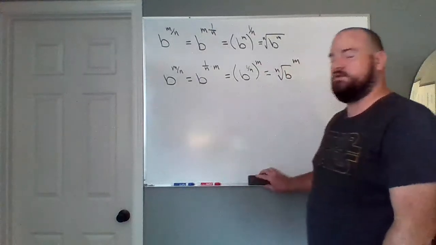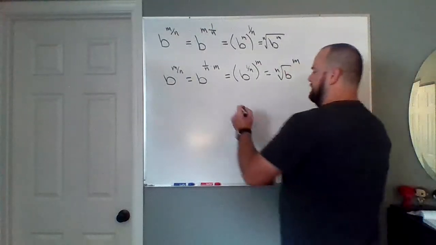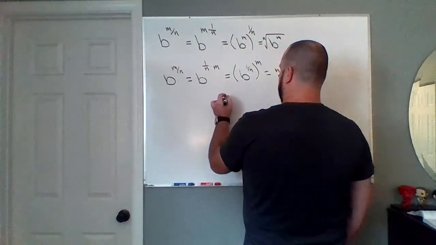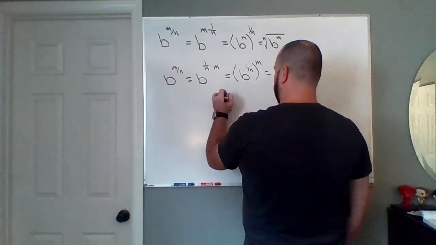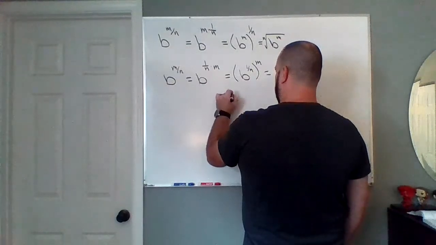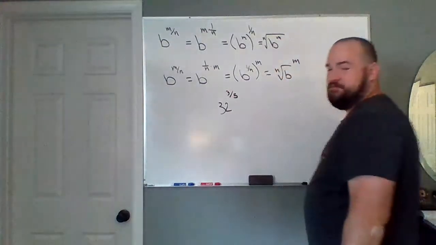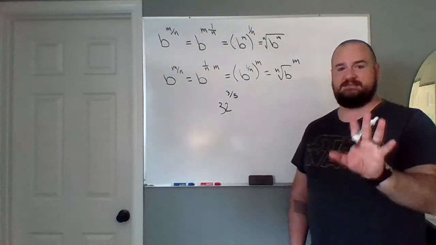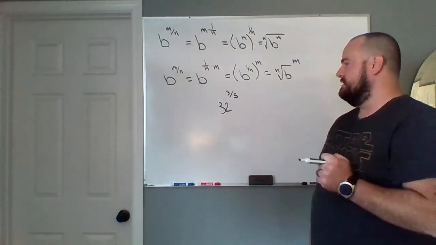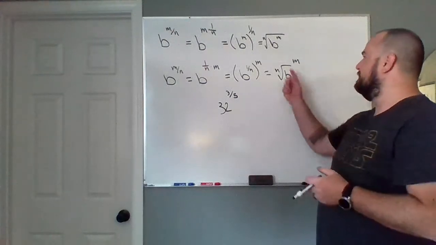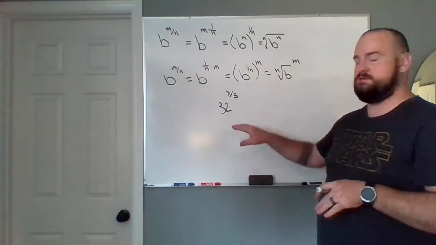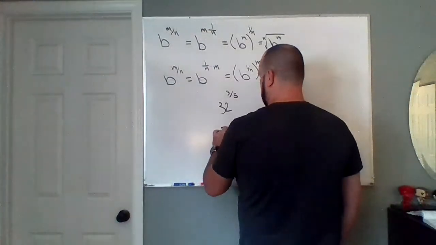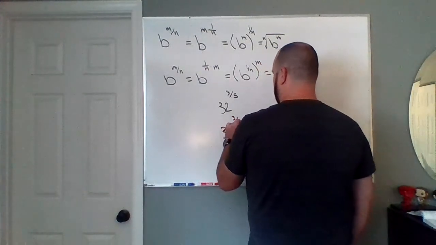And so what's really cool about that is we can do things like, let's say 32 to the 3/5 power. Now you can absolutely do this on your calculator. We'll talk about exactly how to type that in just a sec. But let's do it by hand. Let's look at these two situations. So what I'm going to do is write this twice using both of those two formats. 32 to 3/5.